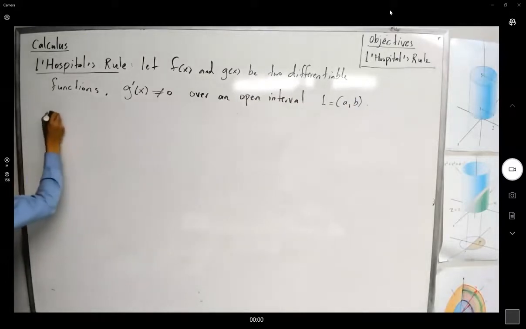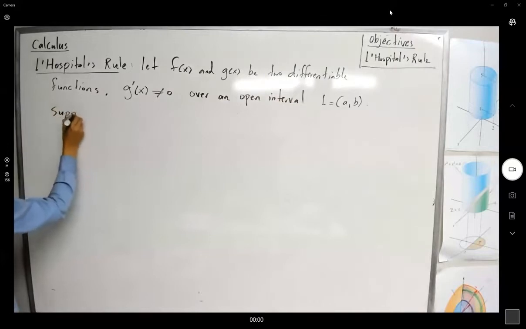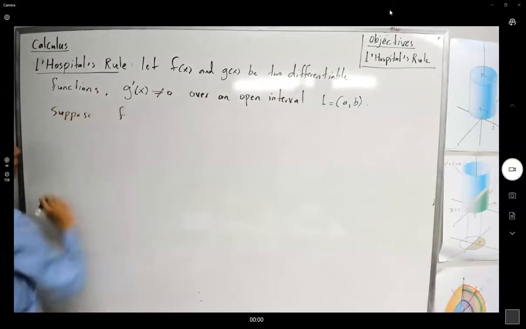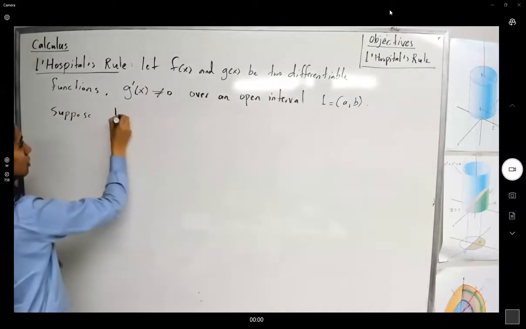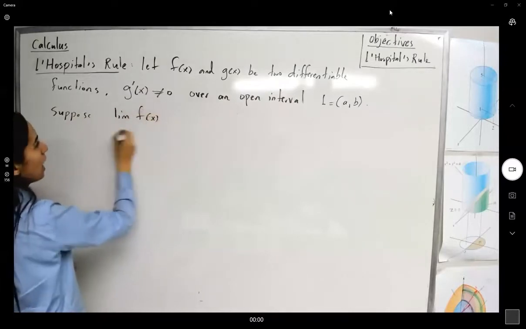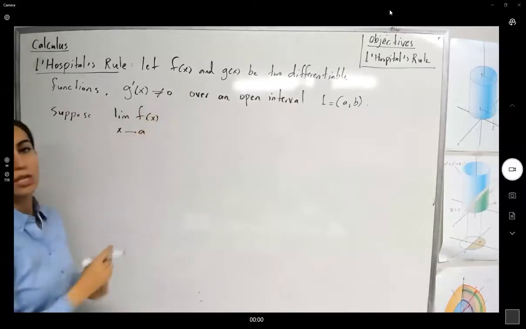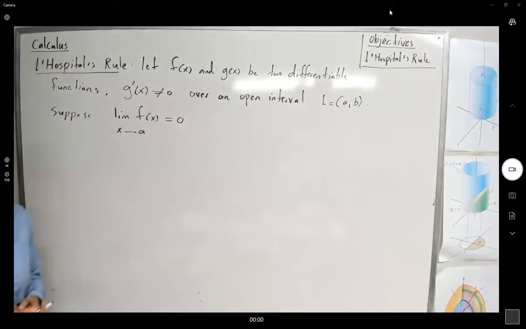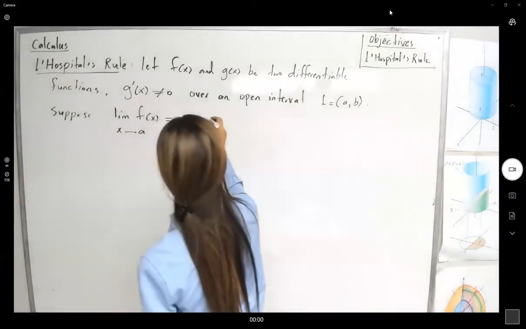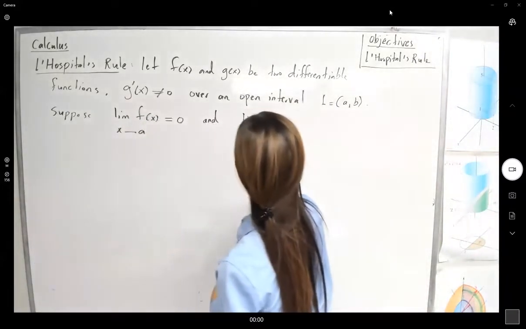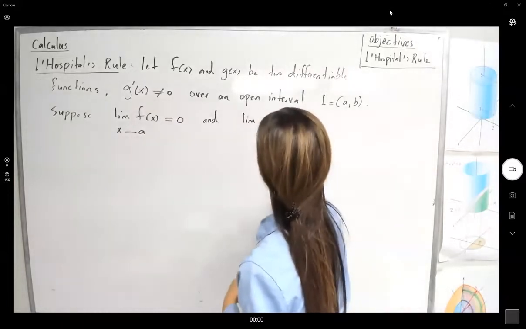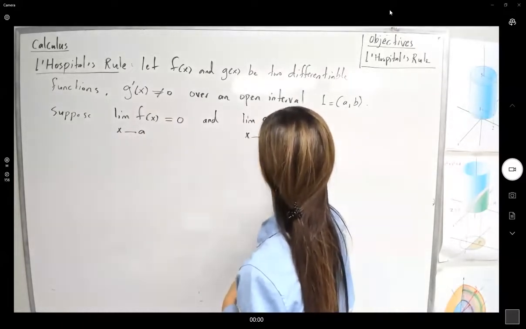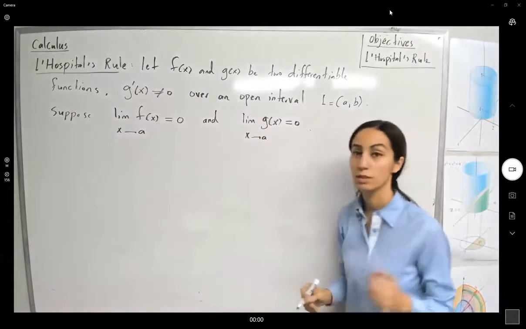And suppose the limit of function f as x approaches a number like a is equal to 0, and also the limit of g of x as x approaches a is also 0.